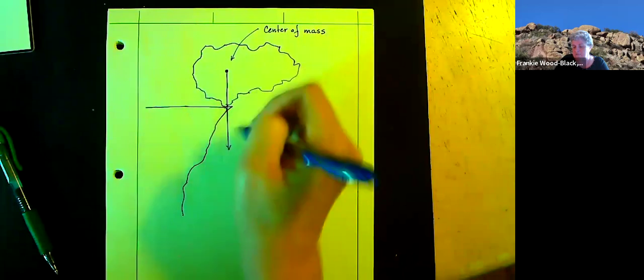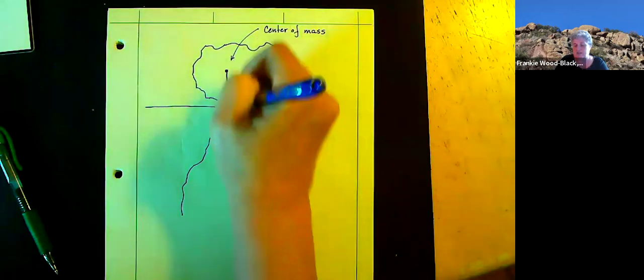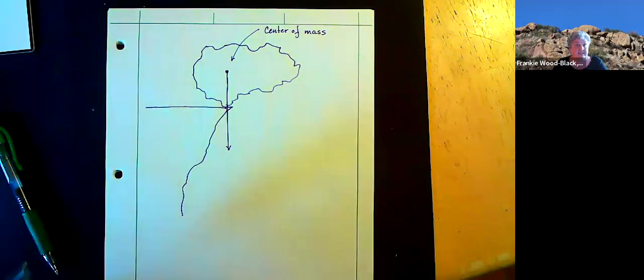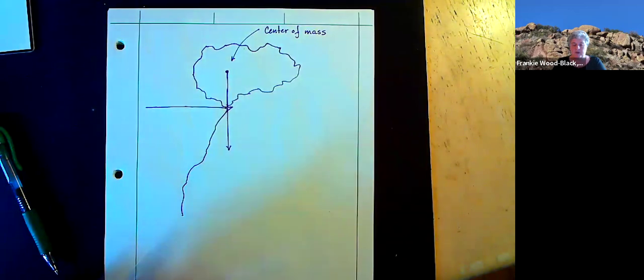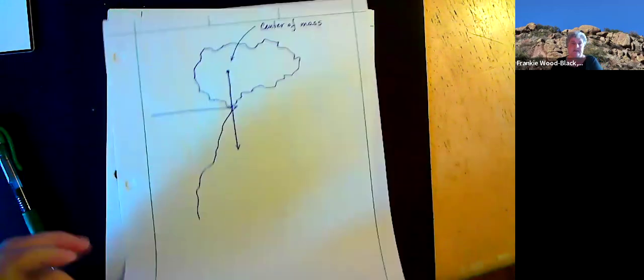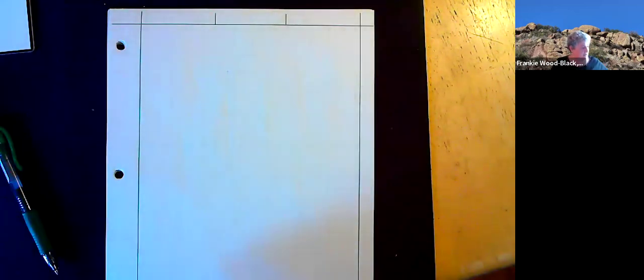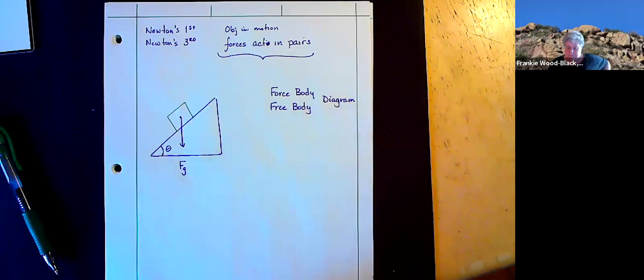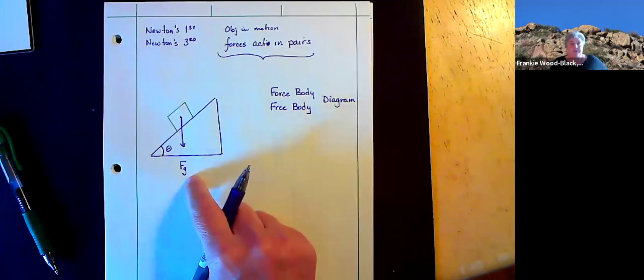So as long as my force due to gravity is supported by this cliff here, and this cliff is able to support it because of its strength, I'm going to be able to keep my center of gravity. So I have my force due to gravity.